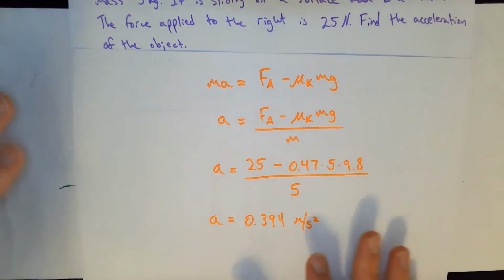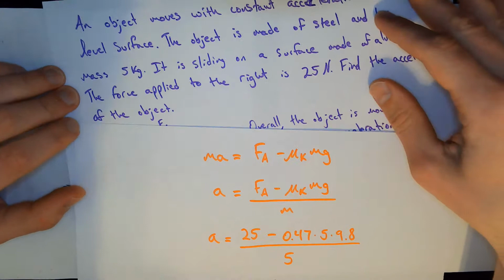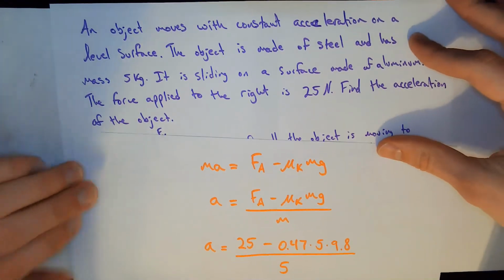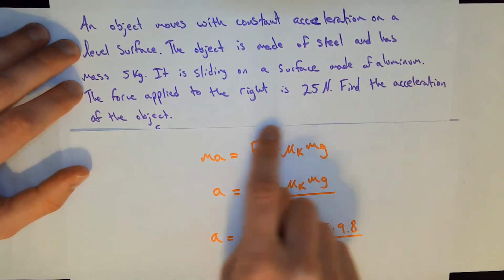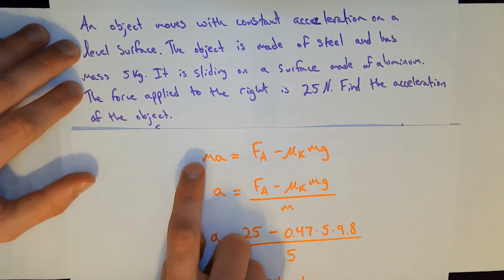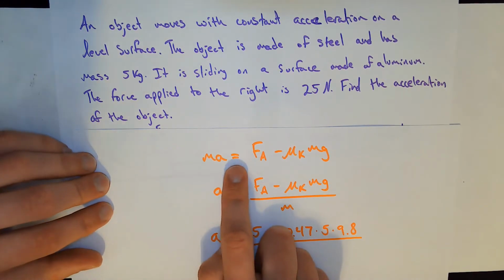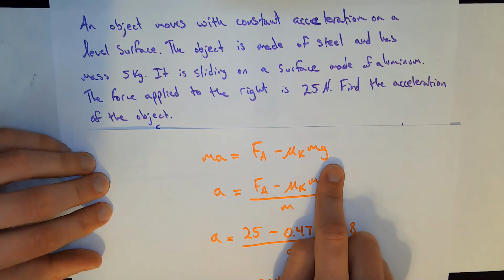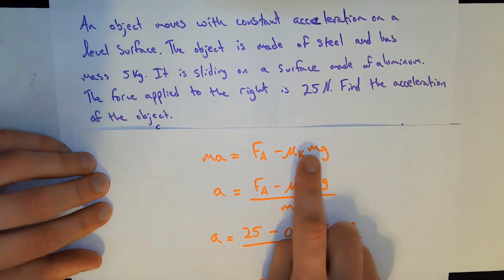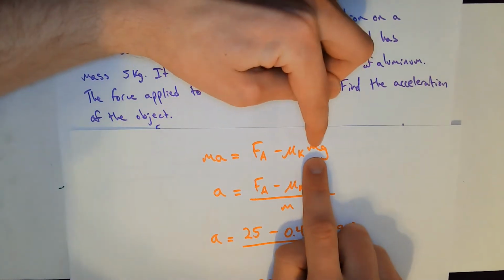But with this situation, an object moving with an actual acceleration on a level surface, this is going to be the defining relationship. The overall acceleration times the object's mass should be equal to whatever the applied force is minus that friction force, with the friction force being dependent on the normal force, but in this case the normal force is just mg.